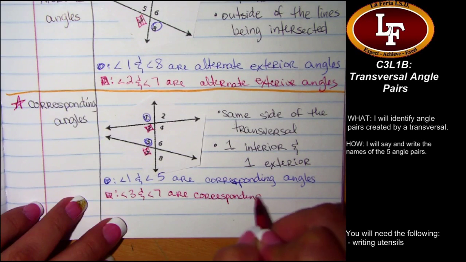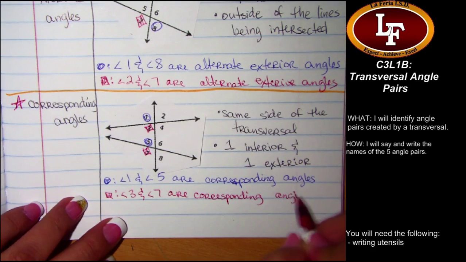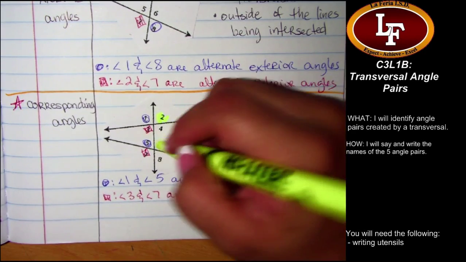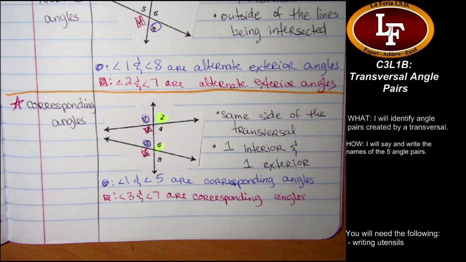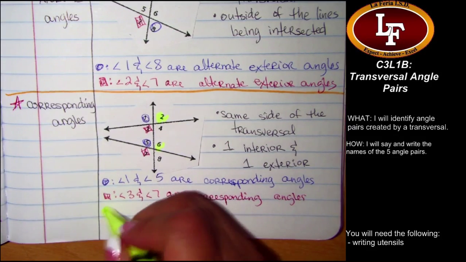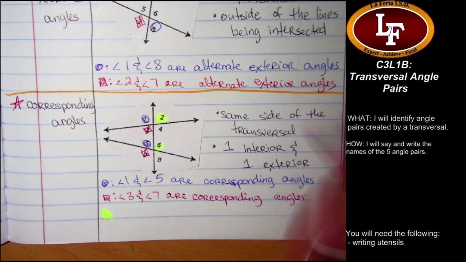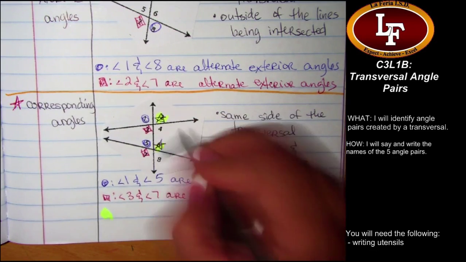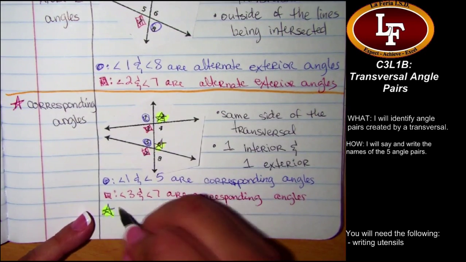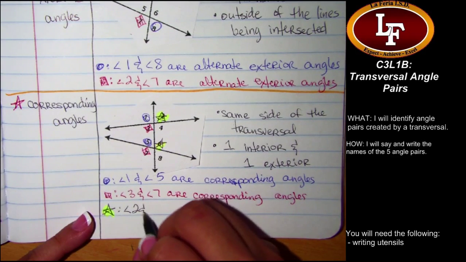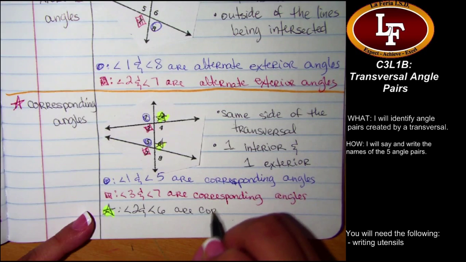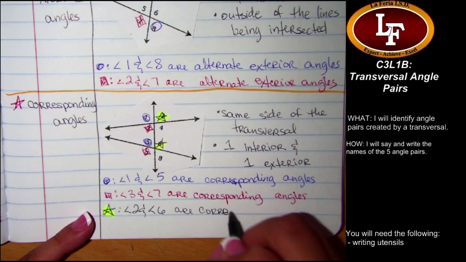Let me catch up here. 2 and 6 are indeed corresponding because they're on the same side of the transversal from each other.